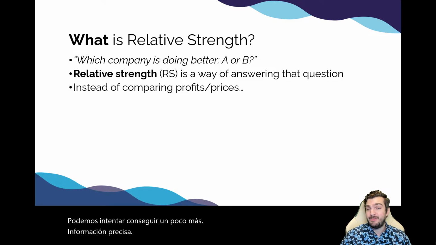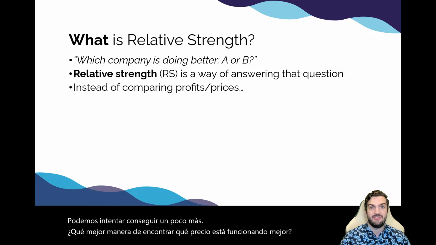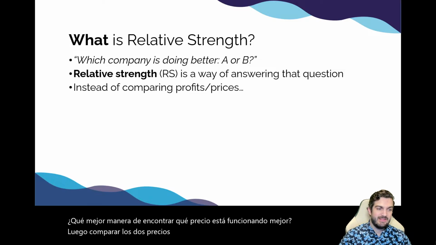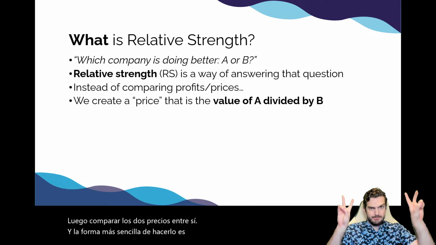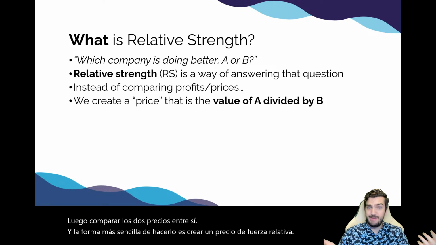What better way to find which price is performing better than to compare the two prices against each other? And the easiest way to do that is to create a relative strength price, which is just the value of A divided by B.